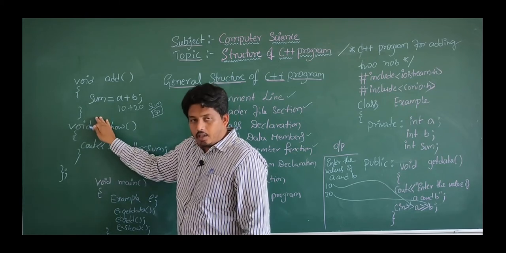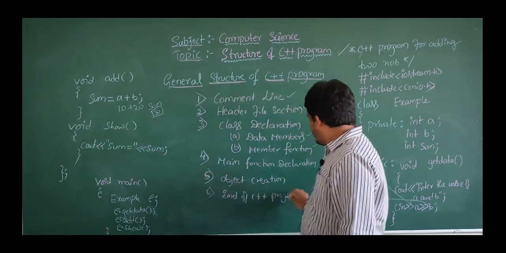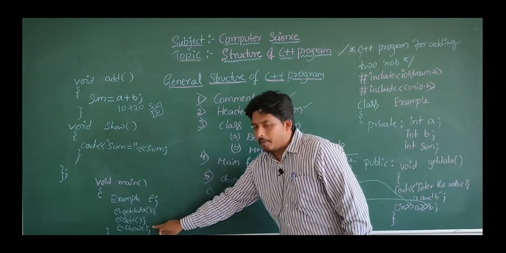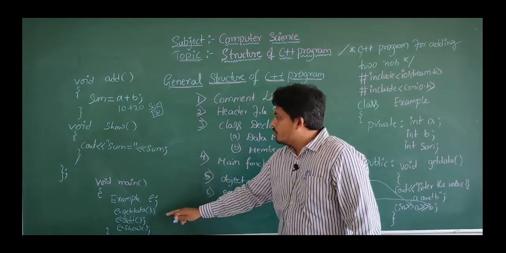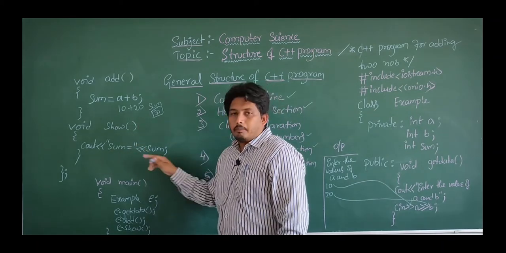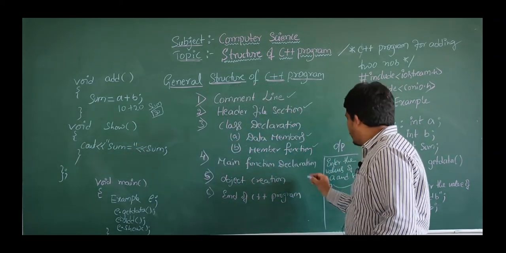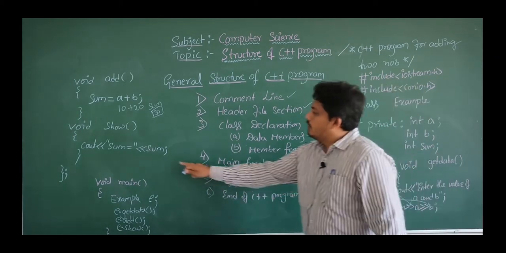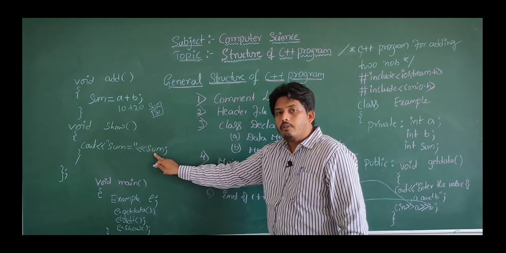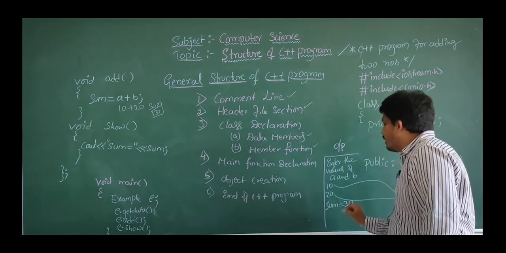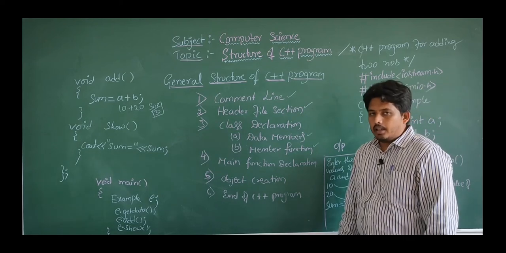After execution of this statement, it comes back to the main function again, where I have one more member function call, that is e.show. Which calls your show function, where I have displayed sum is equal to. So sum means it displays the value of the variable, that is 30.